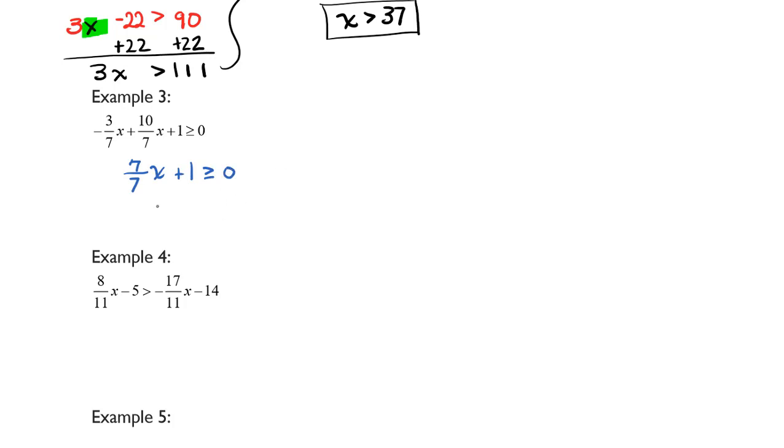Now we can isolate the x term by subtracting 1 from both sides. Now we have x, because 7 over 7 is just 1. So we have x is greater than or equal to -1. That is my answer. Not supposed to be tricky, just reminding you of all the rules of fractions.